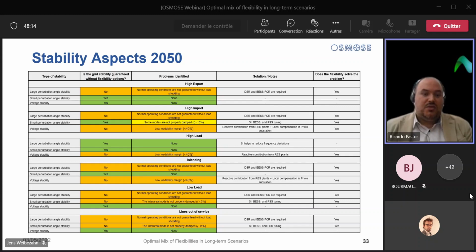Nevertheless, it is possible to reach stability in such critical operating condition by considering the contribution of battery energy storage systems and demand-side response to the support of these perturbations.